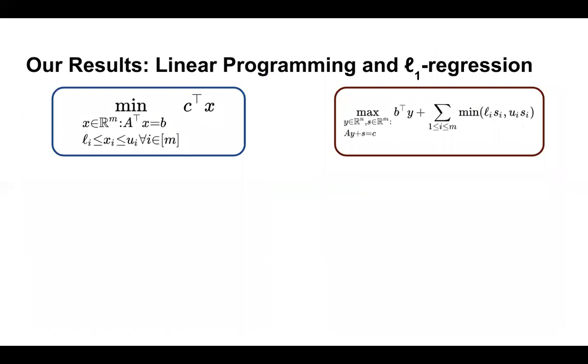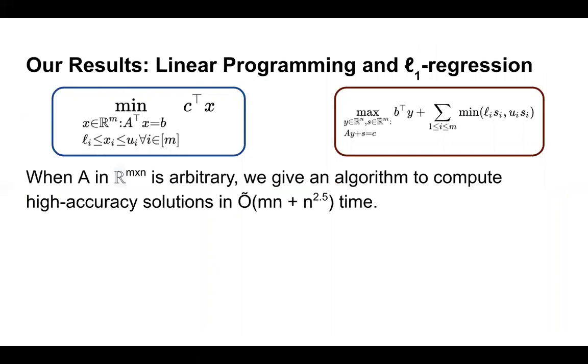As for our results on linear programming, for both these linear programs, both the primal form and the dual form, when A is an m by n matrix, we're able to give an algorithm to compute a high accuracy solution in mn plus n to the 2.5 time.